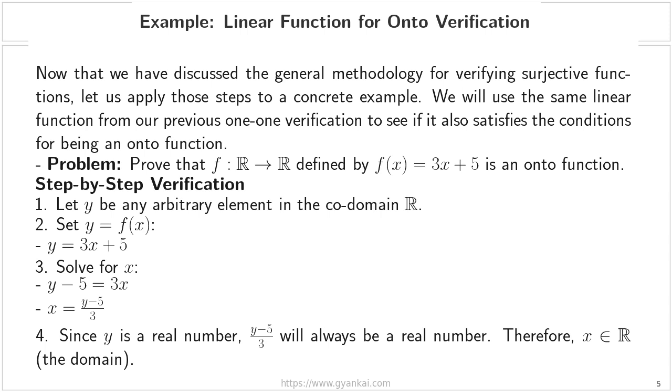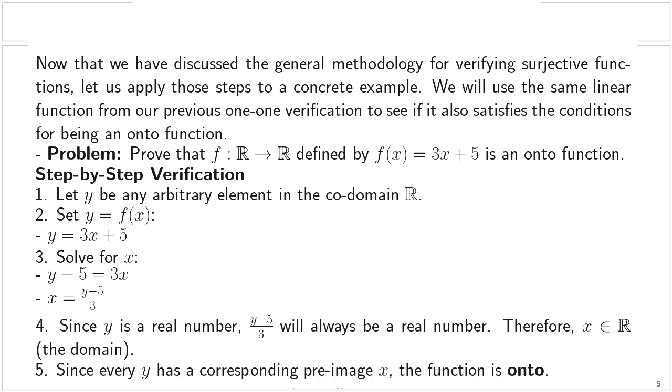We ask ourselves, does this value of x always belong to our domain? Since we started with y as a real number, subtracting 5 and dividing by 3 will always result in another real number. Therefore, x is confirmed to be an element of the set of real numbers. Finally, since we have demonstrated that every single element y in the codomain has a corresponding preimage x in the domain, we can conclude that the function is onto.